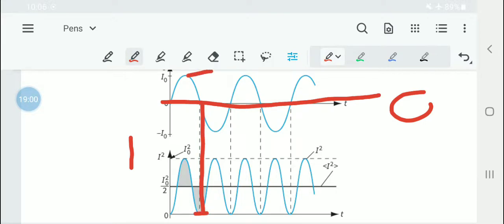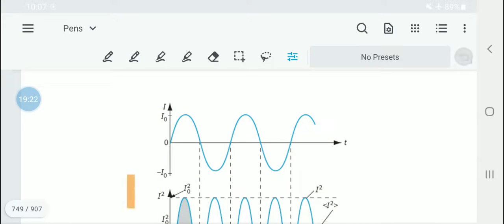This value, when you square it, is always a higher point. Whatever the square of a positive or a negative value is, it is always going to be positive. So the square of each of these values would be positive. I hope that makes sense.